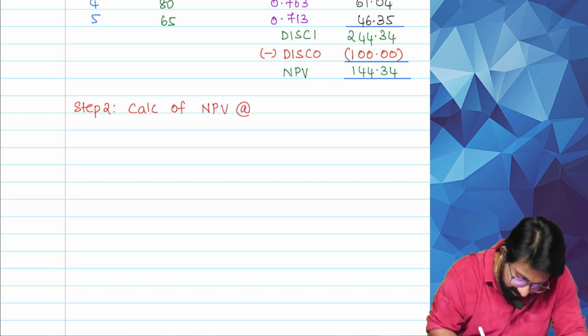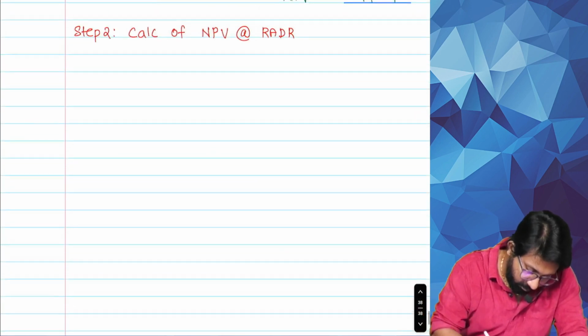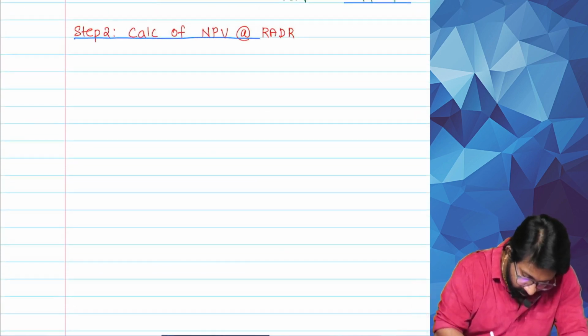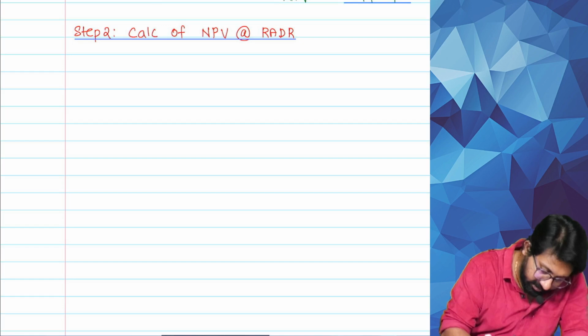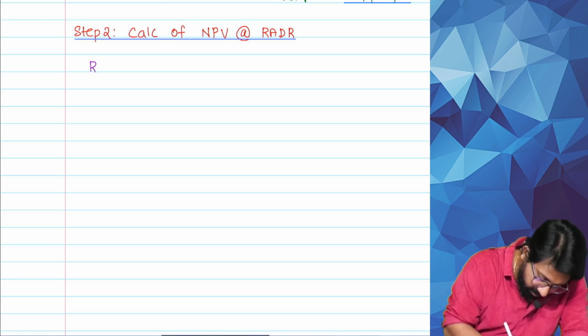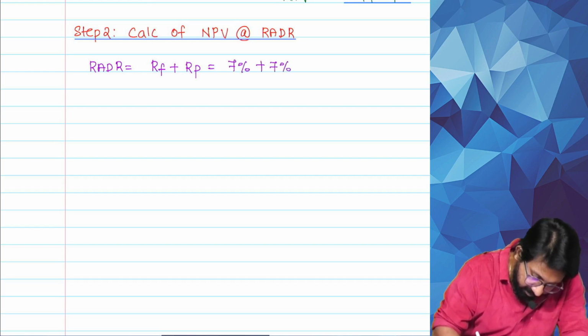Calculation of NPV at risk adjusted discount rate. Clearly below write down. In the given question, how much is the risk free? Risk premium.